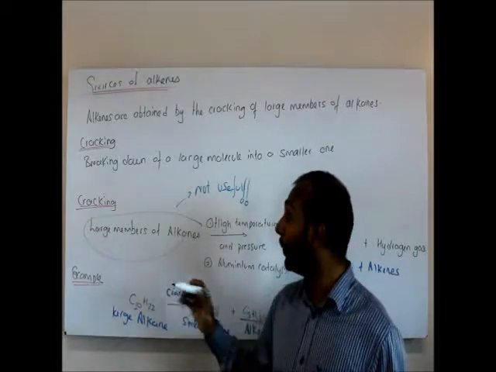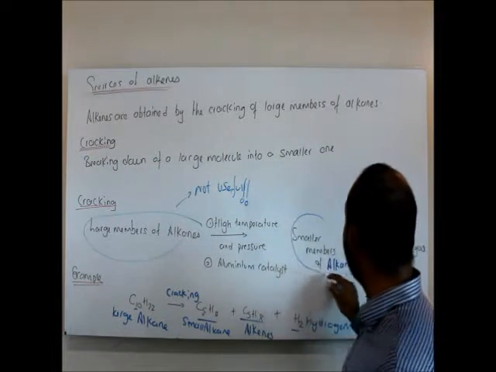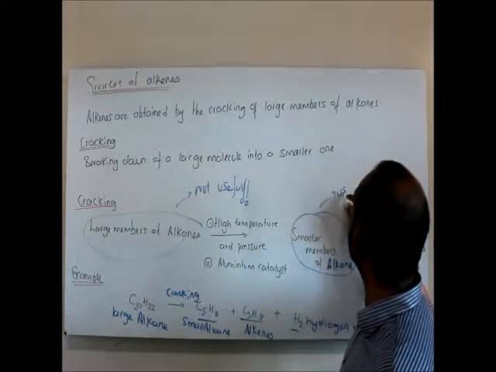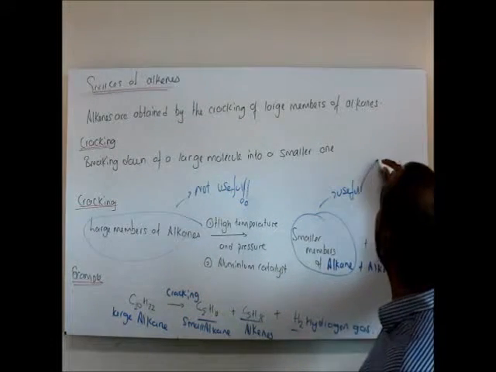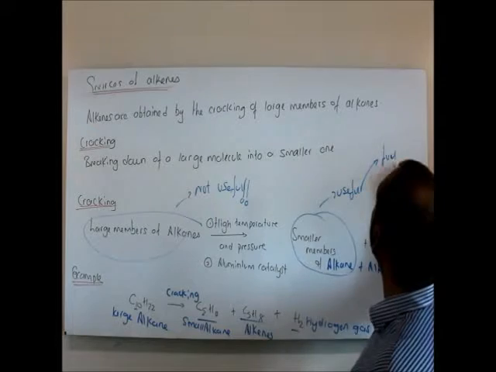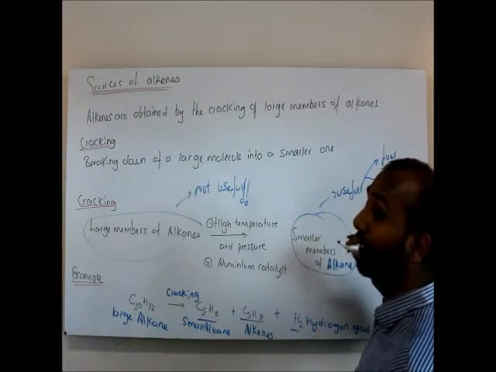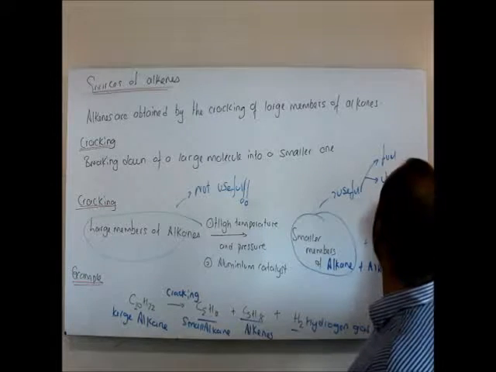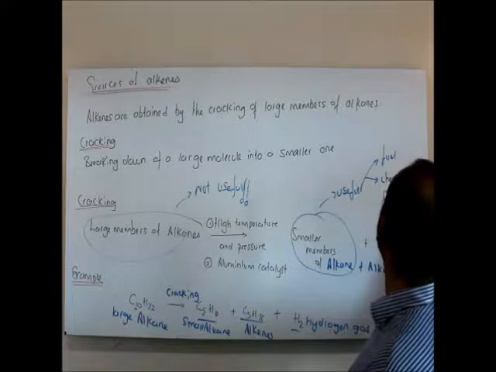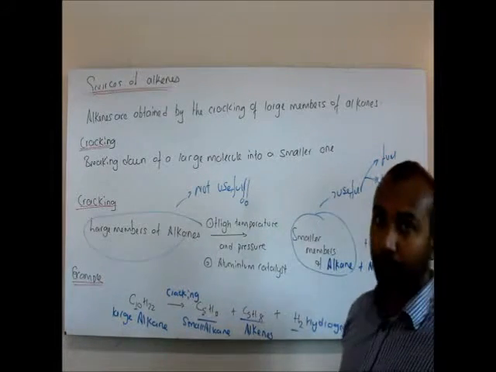But smaller members of alkanes are useful. Where are they useful? For example, we can use them as a fuel, or as a chemical feedstock to make other compounds.